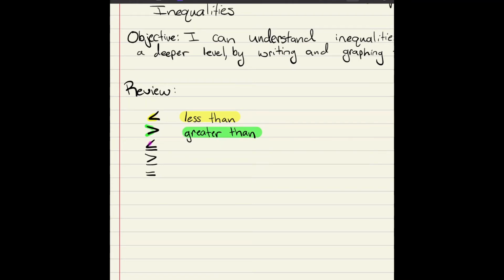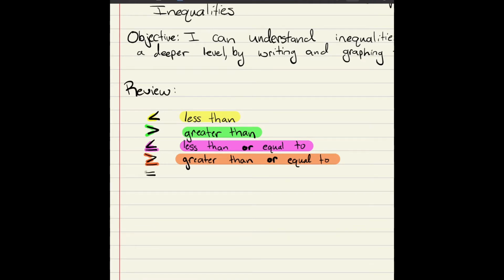Since this is smaller on the bottom and it has a line underneath, it is less than or equal to. Since this has the open end on the left first and a line underneath, it is greater than or equal to.